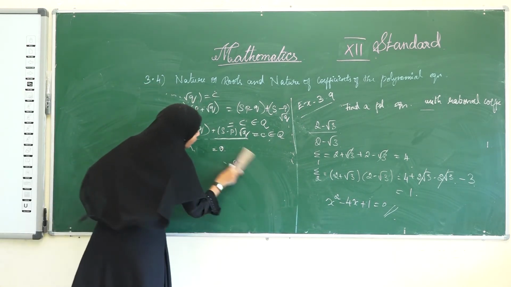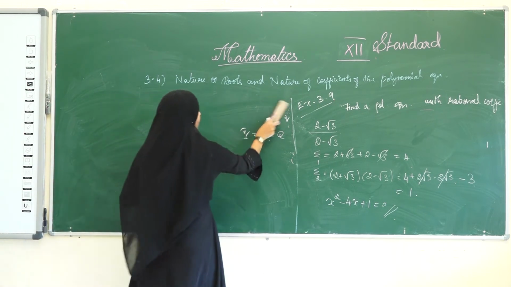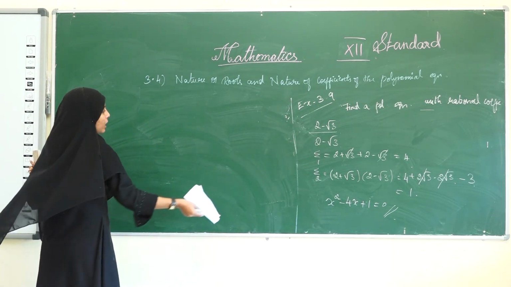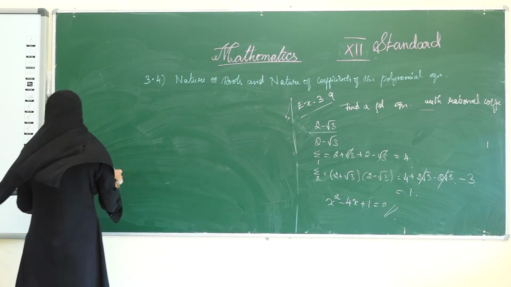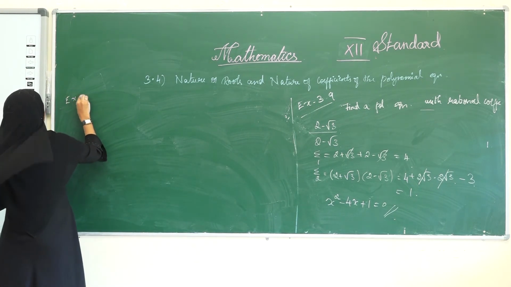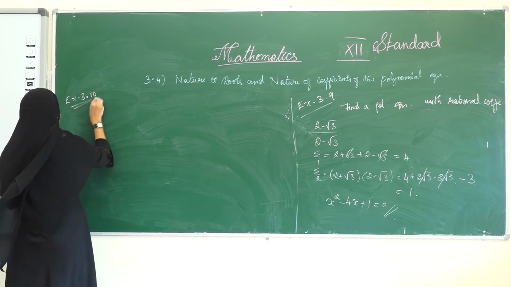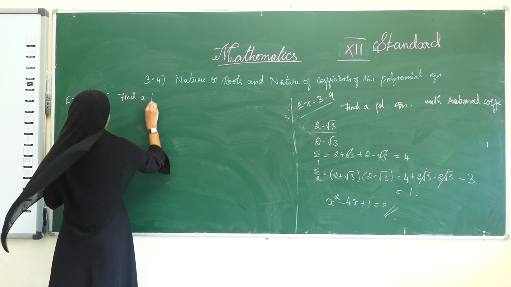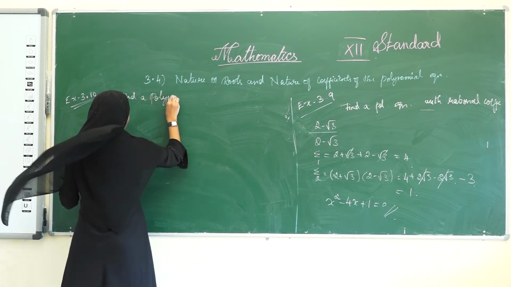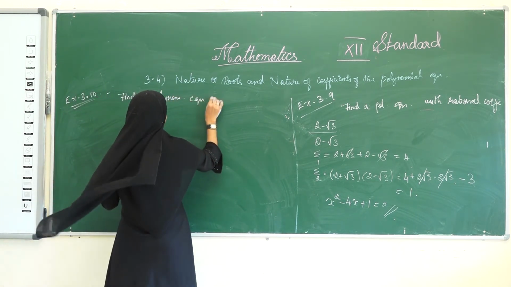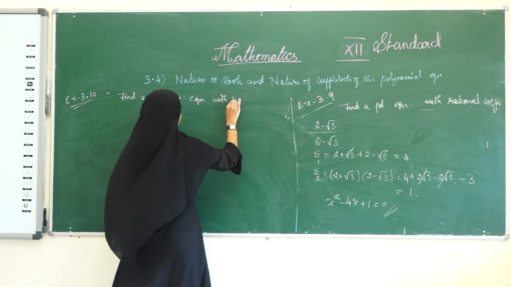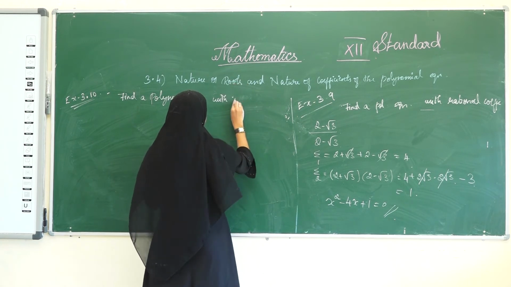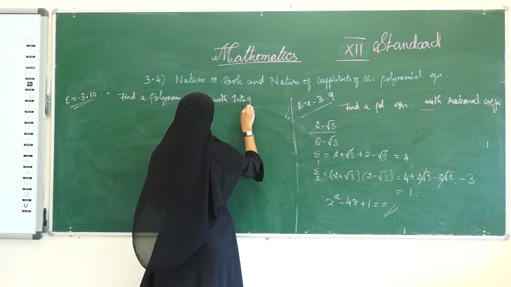Okay, now let us move on to the next example. The examples and sums in this chapter will be very easy because we will be finding the equations alone. In example 3.10, what they have asked is the same: find a polynomial equation with integer coefficients.